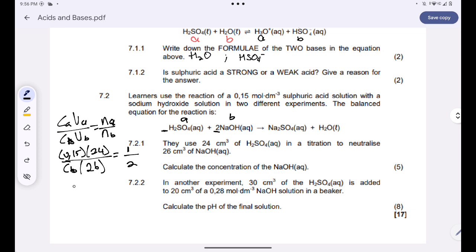The only unknown, guys, is the concentration of my base. So how can I find it? Yes, I can cross multiply, and then I'll have 0.15 multiplied by 24 multiplied by 2 all over 26. Let me punch my calculator: 0.15 multiplied by 24 multiplied by 2 divided by 26.